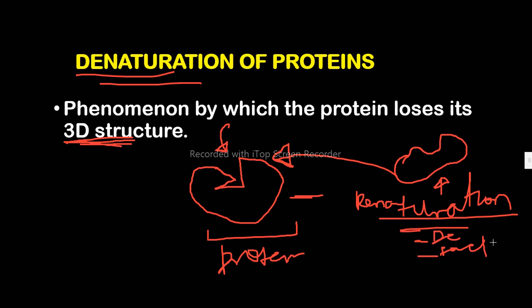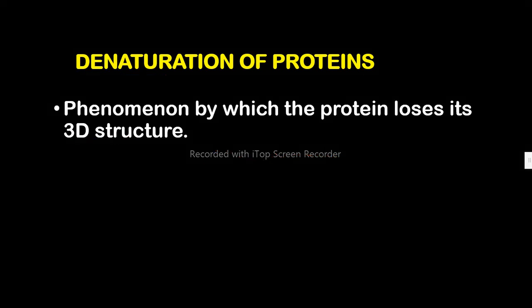Not all the time, when you denature a protein, will it regain its shape. That's why if you boil an egg and cool it down, it cannot become an egg again, but it remains a solid. So that is denaturation, causing a protein to lose its 3D shape.